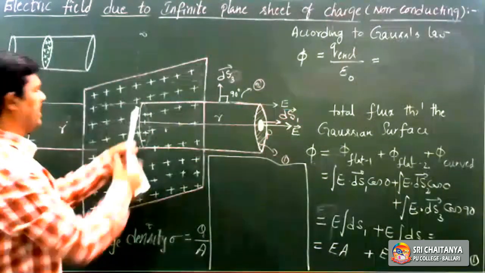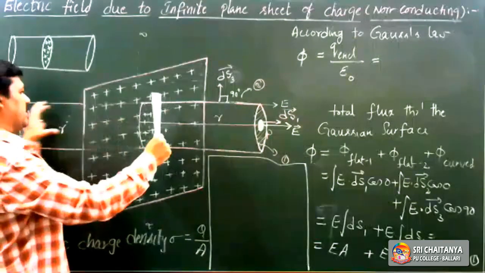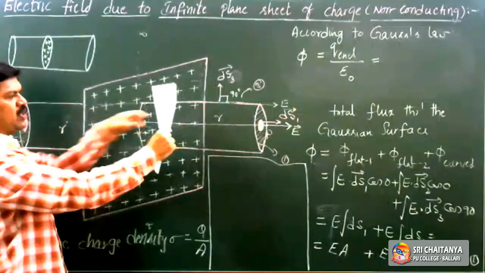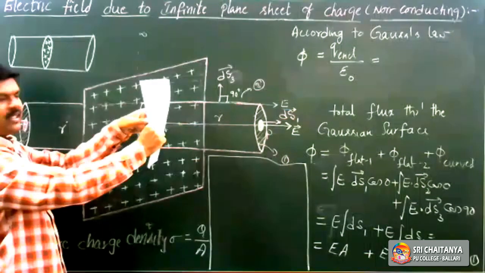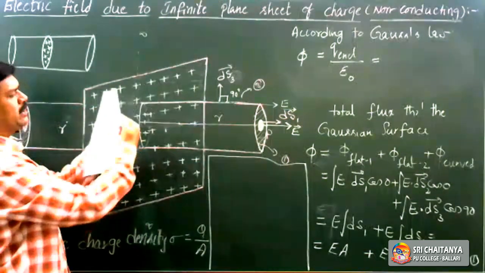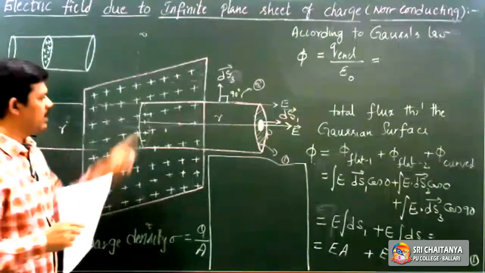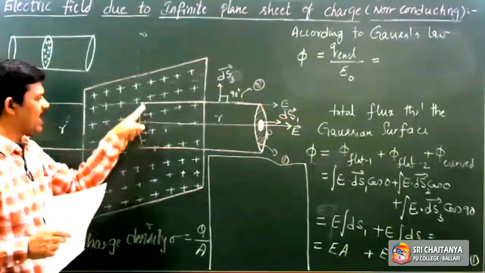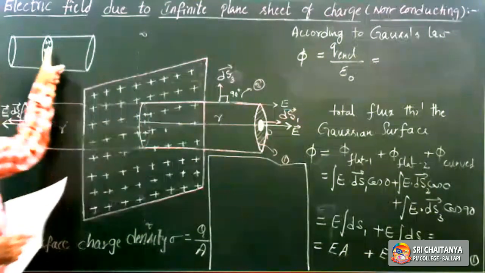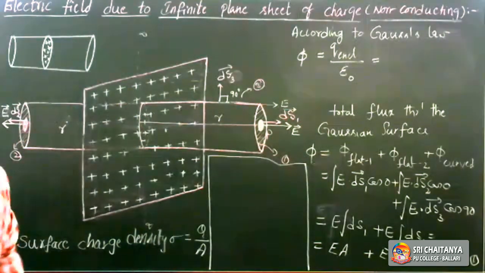Already I told you, it is a sheet. This Gaussian surface is like a cylinder passing through this sheet. Whatever portion the cylinder covers, whatever charge is present in that portion is enclosed, right?